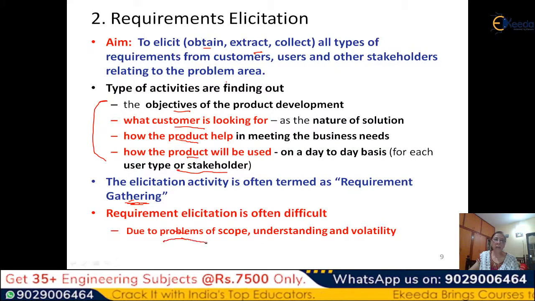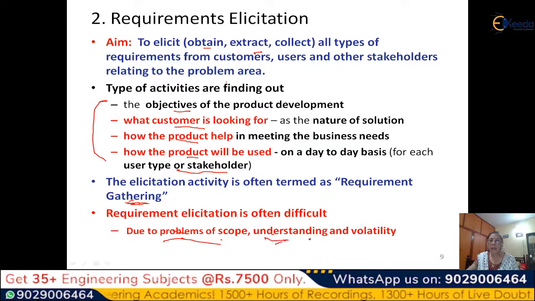So first of all, we have to see that we cover the scope. That is one of the problems, that we only go into those things which are within the scope, but not outside the scope. Then understanding may be difficult, because as we have seen, there is some difference between the way software engineers speak and the way business people speak.